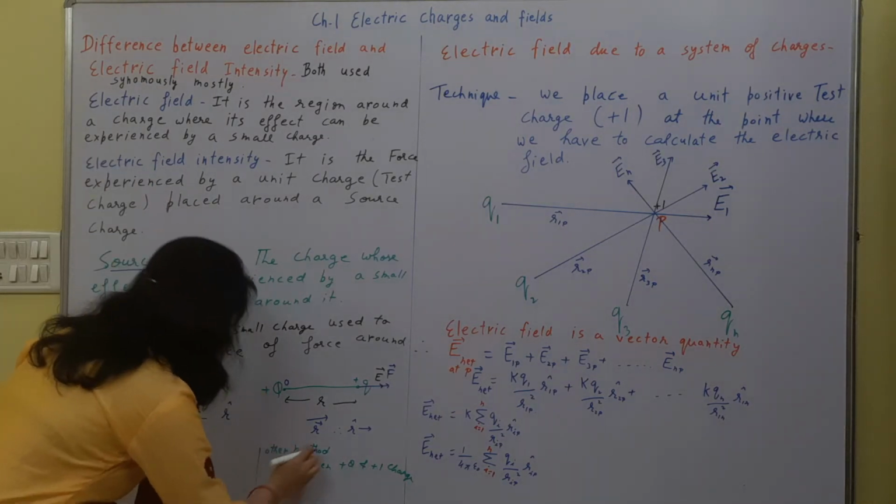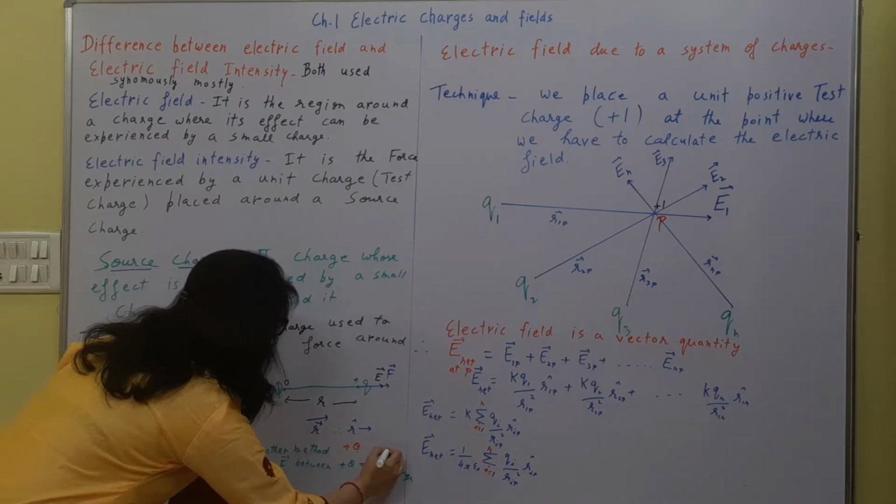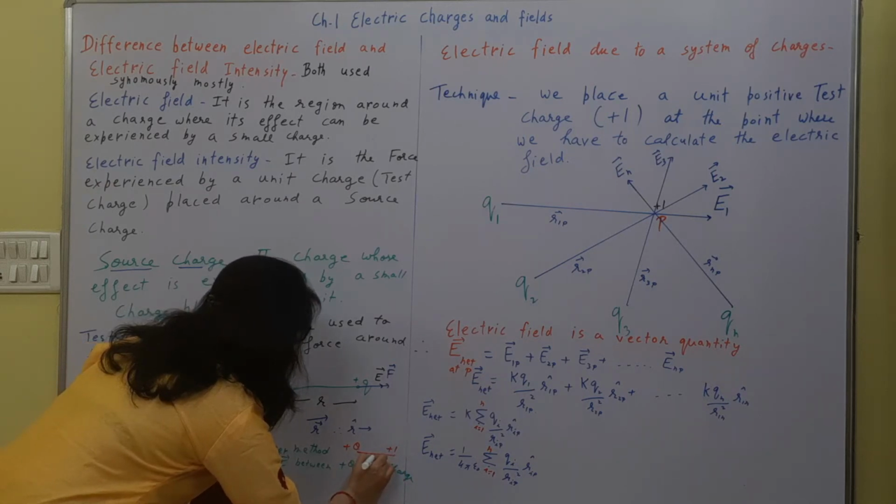So this is plus q, one charge, and plus 1 is another charge. This is the other way and r is here.